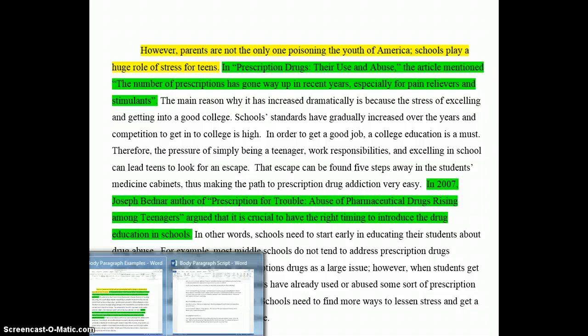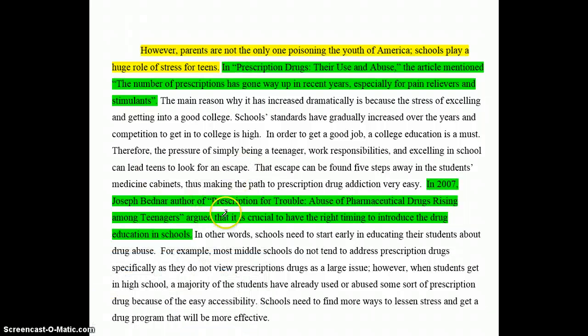Now we know who Joseph Bednar is, and we know what he wrote. Again, I can check the reference page and see if I want to read more about what he has to say. But let's see if our author fixed the problem of not explaining Joseph Bednar's evidence.